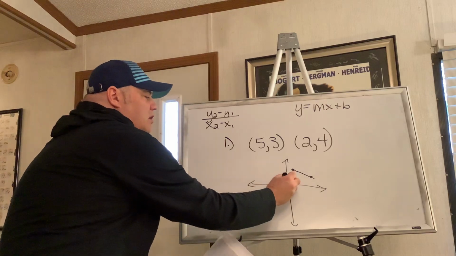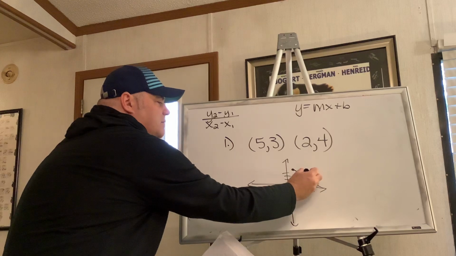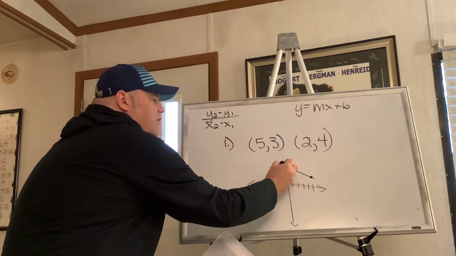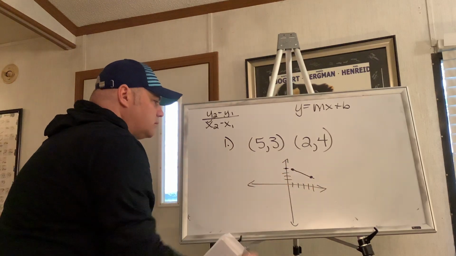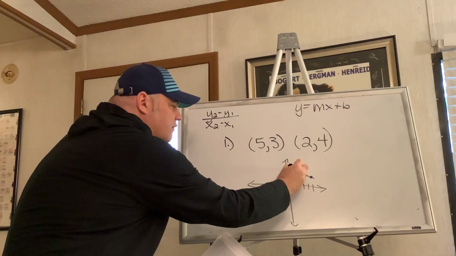So that would be, I went 1, 2, 3, 4, 5, and then I went up 1, 2, 3. That's where this point is. And then this one was at 2, 4, okay? Which should be more about right here. Okay, 2, 4.